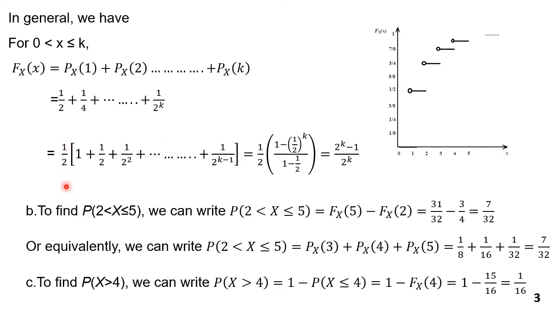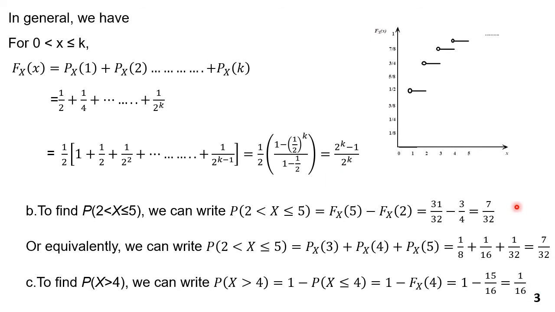Half is taken out, so we have 1 plus half plus 1 by 2 to the power 2, and so on, up to 1 by 2 to the power k minus 1. This is a geometric series. By applying the formula, we get half into 1 minus half to the power k, divided by 1 minus half. That is 2 to the power k minus 1 divided by 2 to the power k.